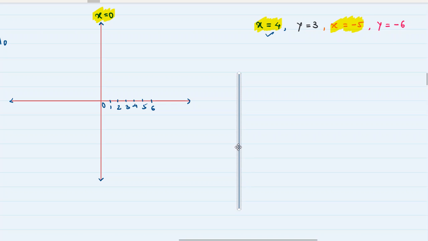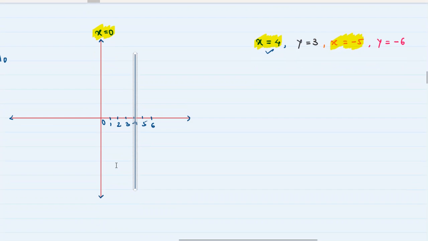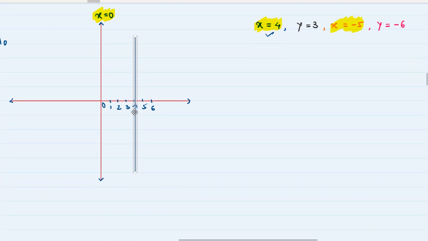Okay, so this line will be here. Just a moment, let me just adjust it.